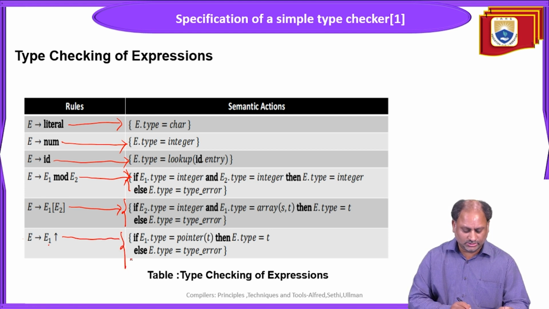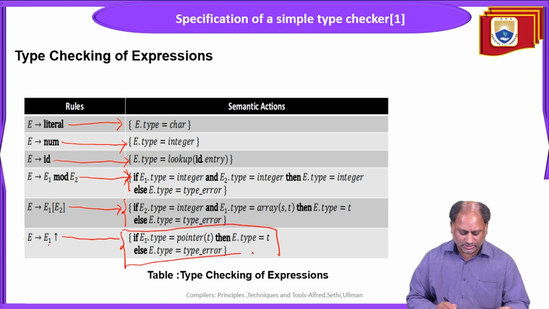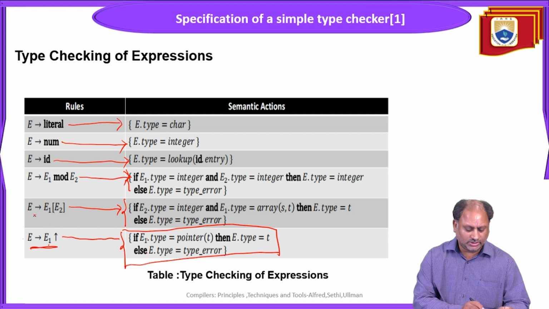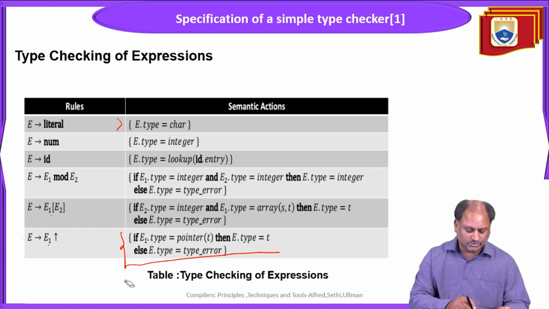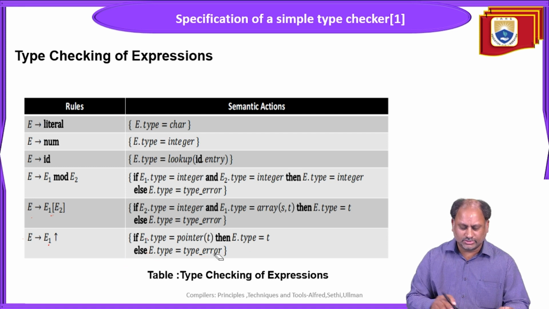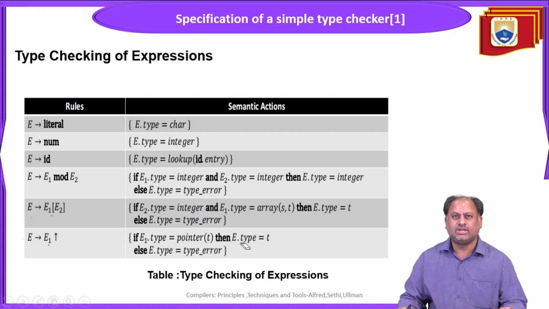So that means we have to write the two lines of code as the semantic action for the execution of this rule. And for this rule, we have to write these two lines of statements as semantic actions for the corresponding rule. Like this, we are going to write separate semantic actions for each of these specified values.